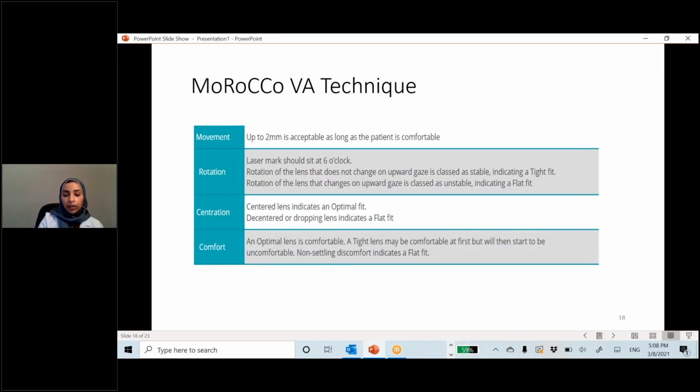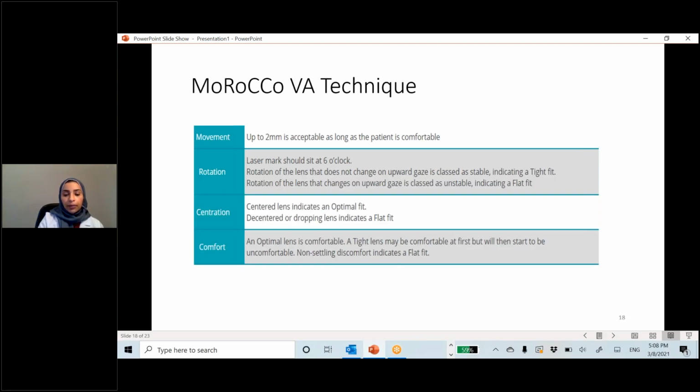So again, the best way to observe this is with your housing directly in front of the patient's eye, and you would be able to really see that central 8 millimeter optic zone, highlighted really nicely with the slit lamp.